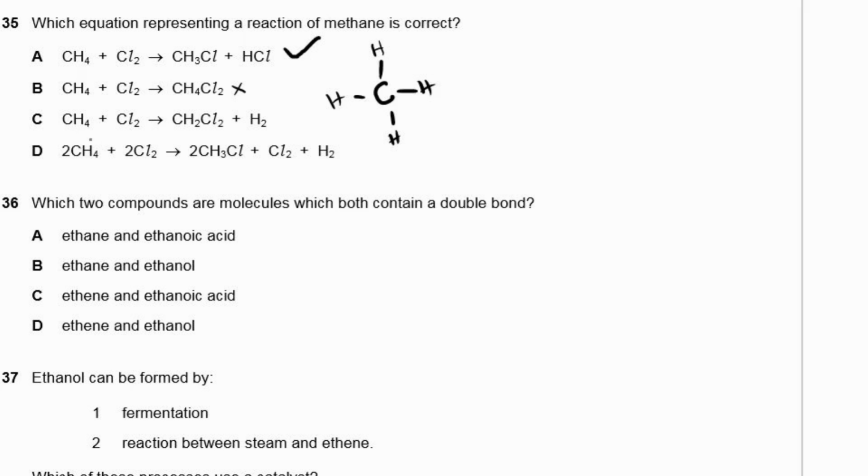So CH4 plus Cl2, methane plus chlorine, produces CH2Cl2 plus H2. No, that doesn't work. That'd be a much more complicated process than A. And 2 CH4s plus 2 Cl2s produce 2 CH3Cls plus Cl2 plus H2.